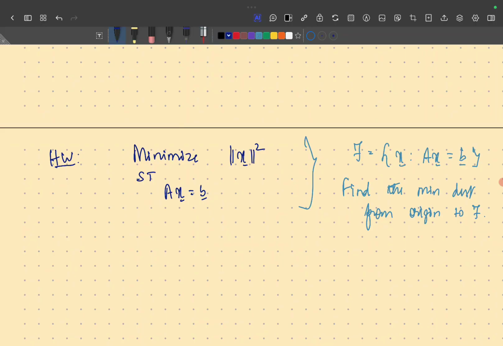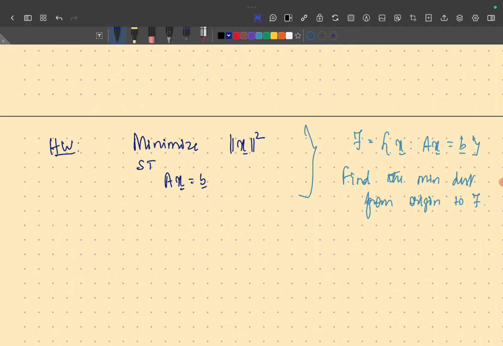Okay, so in this case, it so happens that the dual optimization problem is also another quadratic. Find the dual optimization problem. And then also what you can do is try to see what happens numerically.